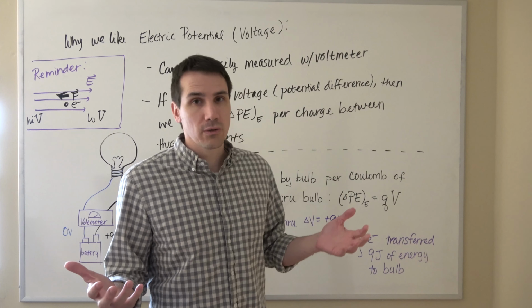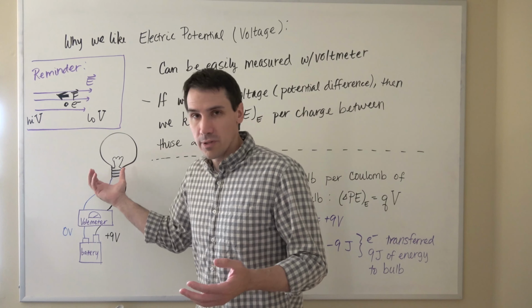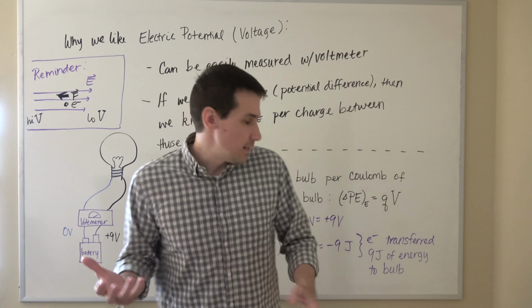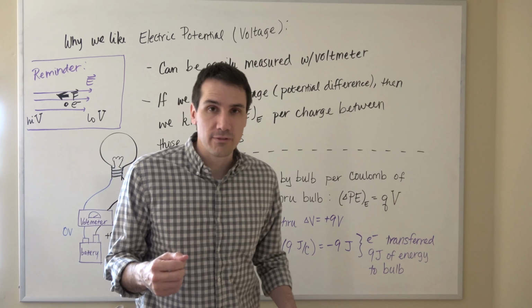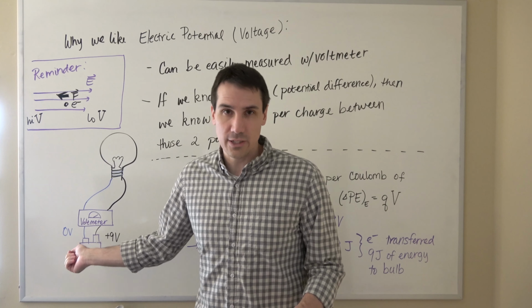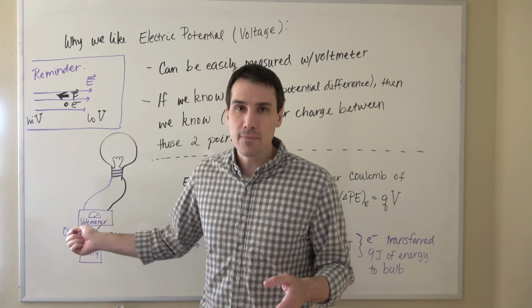Where does that energy go? It goes into lighting up the light bulb. So this light bulb gives off in light and heat 9 joules of energy for every 1 coulomb worth of electrons, or -1 coulomb worth of electrons, that flows through it, right?